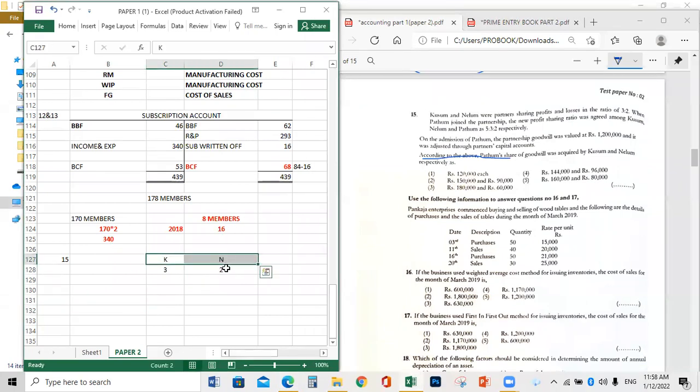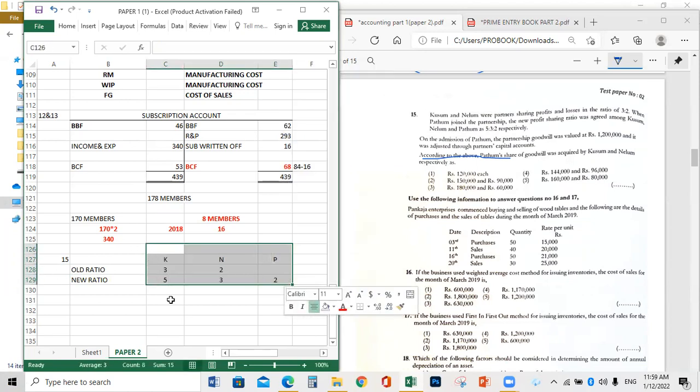That means Patum is a new partner. So see guys, here P has joined the partnership. The new profit sharing ratio was agreed as, so this was the old ratio. Okay, now the new ratio is what? The new ratio says as 5:3:2.